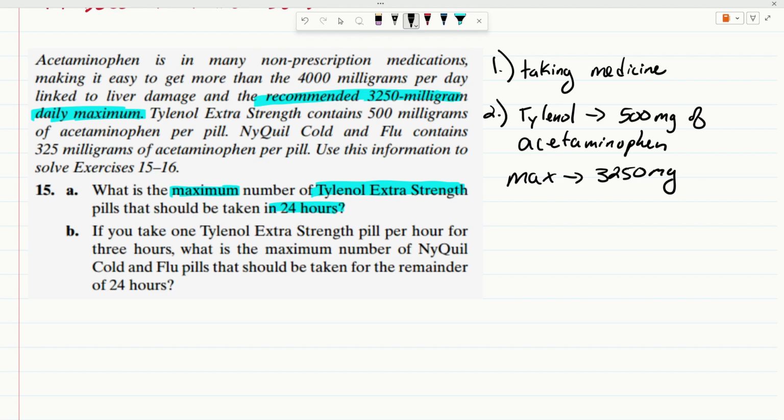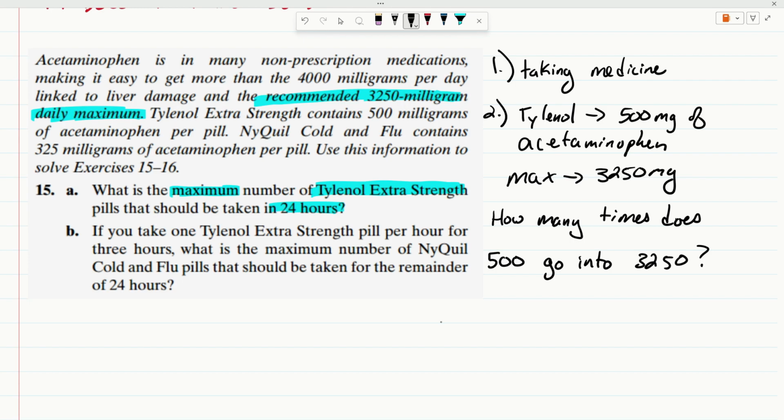So what they're really asking us in this problem is how many of these Tylenol Extra Strengths can we take in 24 hours? In other words, how many times does 500 go into 3,250? So this is just a simple division problem.